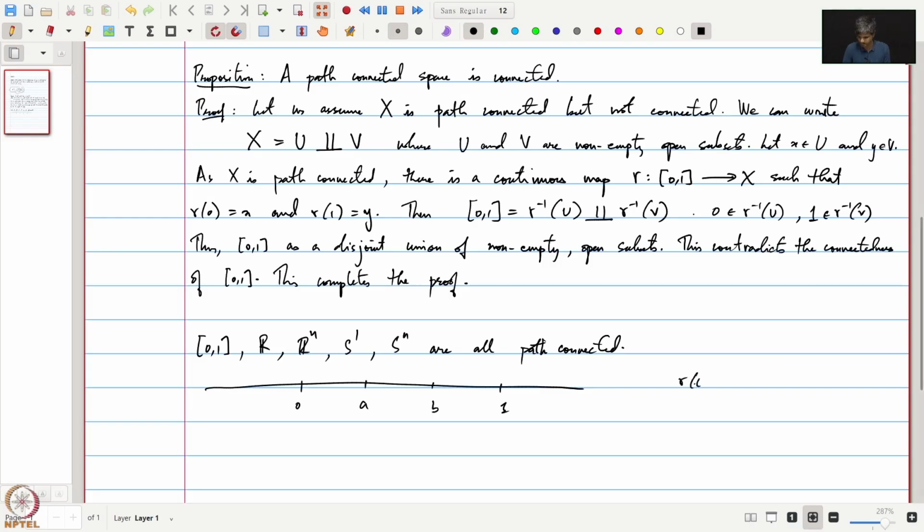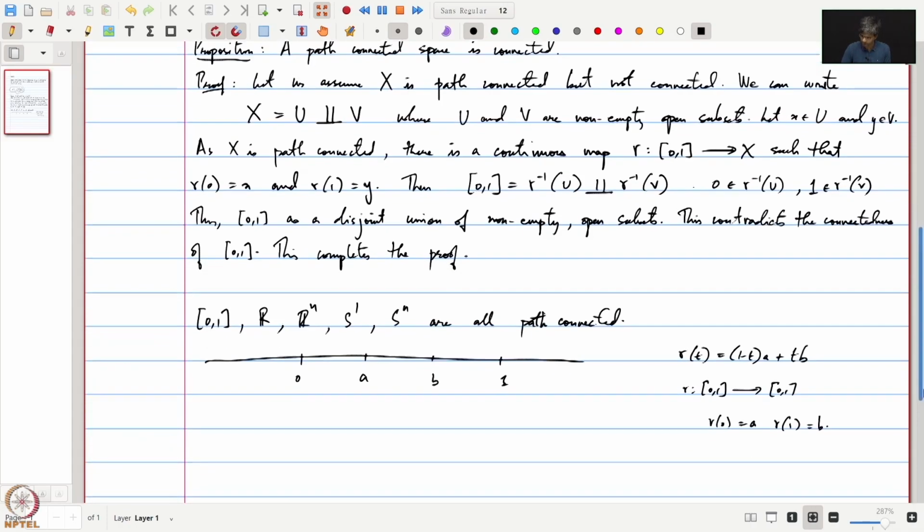So we can define gamma of t is equal to (1 minus t) times A plus t times B. Then gamma is a continuous map from [0,1] to this interval [0,1], such that gamma of 0 is equal to A and gamma of 1 is equal to B. So any two points can be connected by this path.